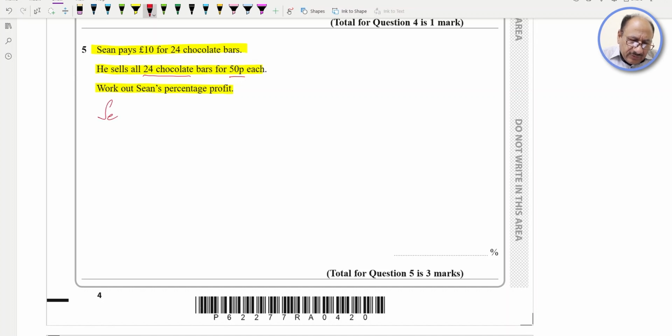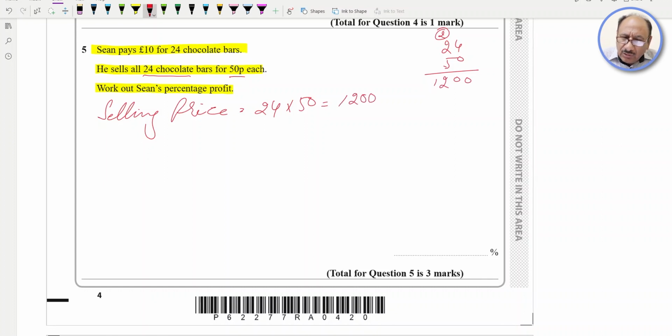Selling price will be equal to 24 multiplied by 50, and 24 multiplied by 50 will be 1200.